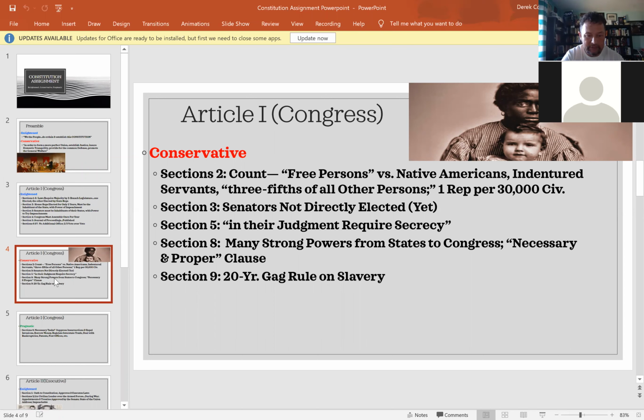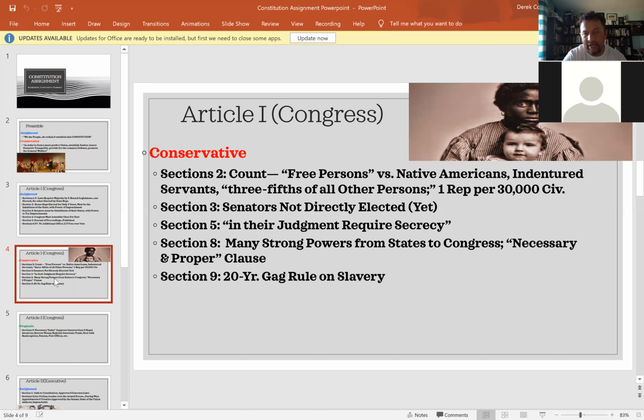So like the appellate court system and the state level stuff. To define and punish piracies, to declare war, to raise an army, to call forth the militia in case there's an insurrection. And then notice at the bottom, to make all laws which shall be necessary and proper for carrying into execution any of the enumerated powers just mentioned.